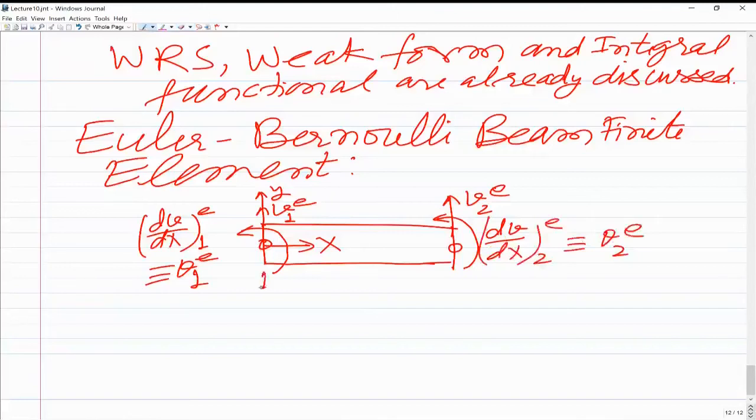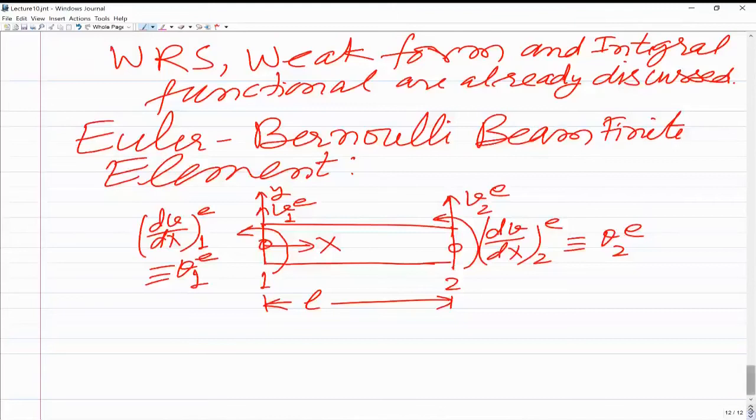This is local node number 1, local node number 2, and let us say the length of the element is small l. So the degrees of freedom are v1E, theta 1E, v2E, theta 2E. There are 4 degrees of freedom for the element. Elemental degrees of freedom are 4, and the nodal degrees of freedom are 2.